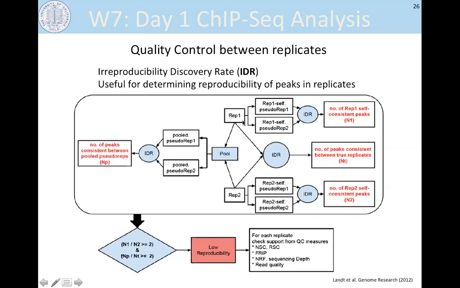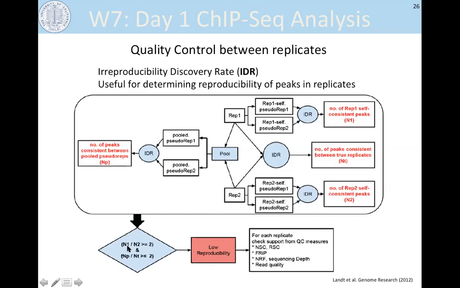So to do that, you pool the two replicates into one, and then randomly separate those reads into two pseudo replicates, and then calculate the IDR between the peaks and the pseudo replicates. And that's going to give you the number of peaks consistent between pooled pseudo replicates, the NP. And then if you divide those numbers, the NP over the NT, you want to get less than 2, otherwise that's considered low reproducibility by ENCODE standards.